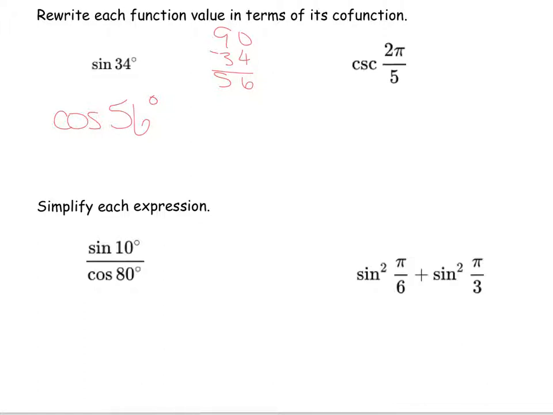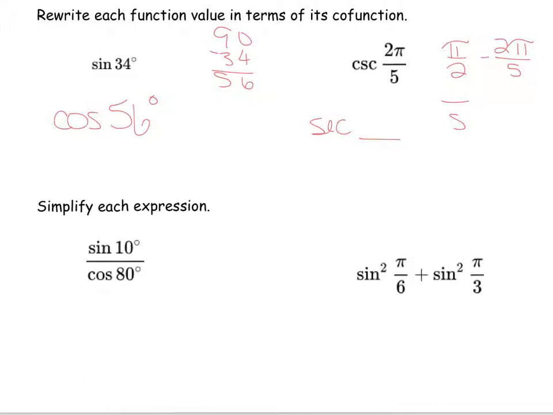of the other. The cosecant of 2 pi over 5 is going to be the secant of something. And the way we find the something, we're going to say pi over 2 minus 2 pi over 5. So what do we get? 10 pi over 2? No, that's not right. 5 pi over... Goodness, I can't do fractions.